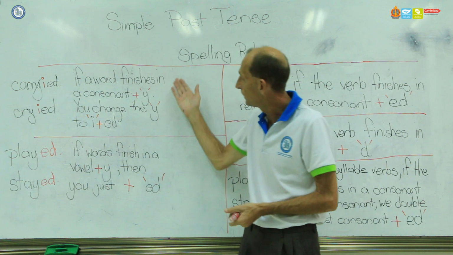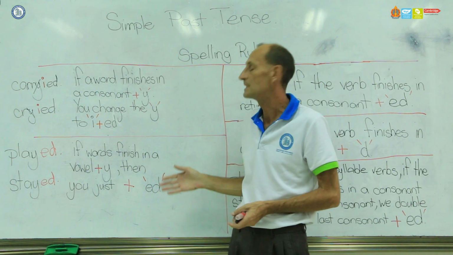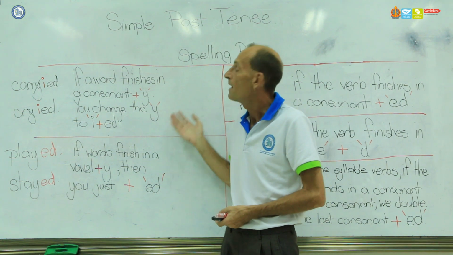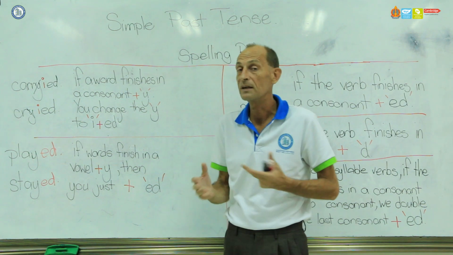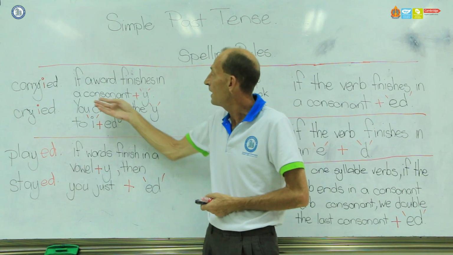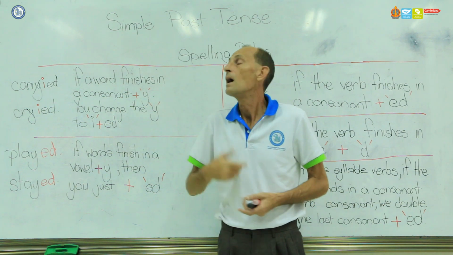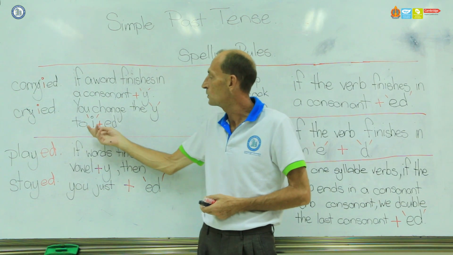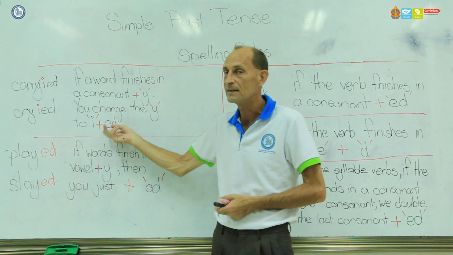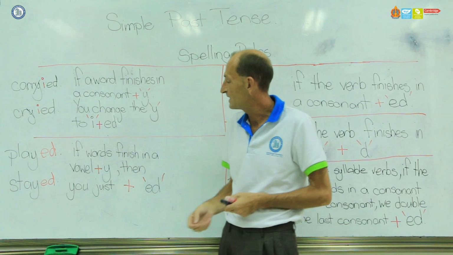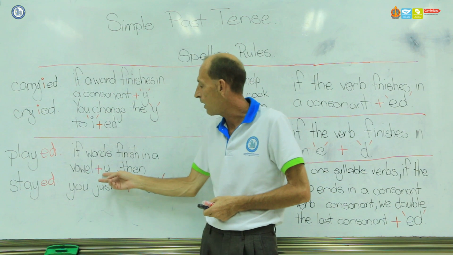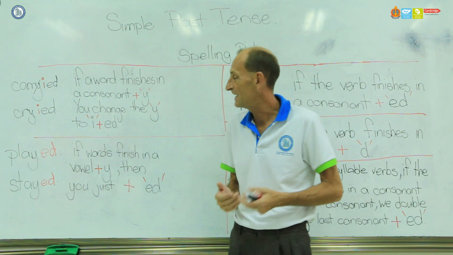Let's go through these two again because they are similar rules that we often get confused with. If it finishes in a consonant and Y, we change the Y to an I and then add ED. Now if it finishes in a vowel and a Y, then we just add ED.